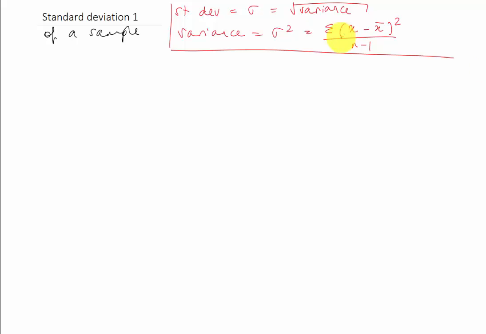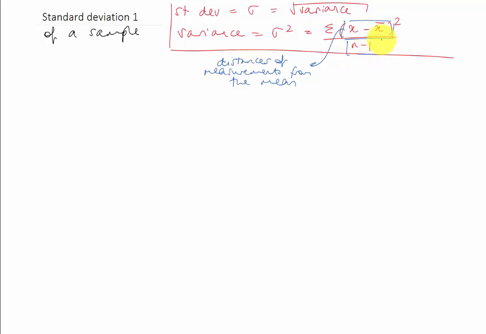Okay, so what do all these different things mean? So what we're doing here is making a sum of, so this is looking at the distances of individual measurements from the mean.